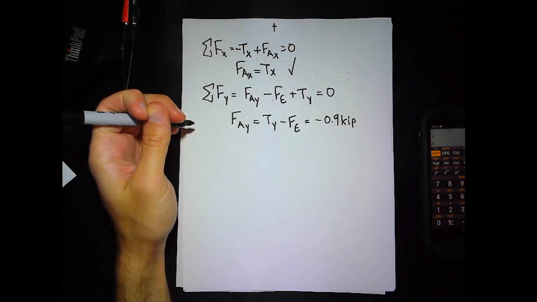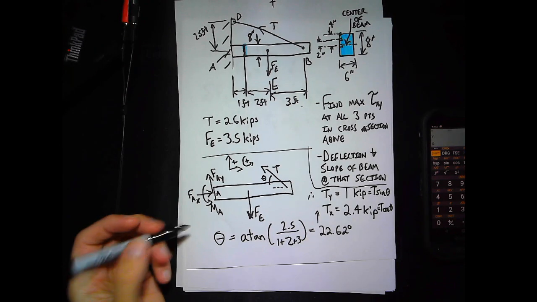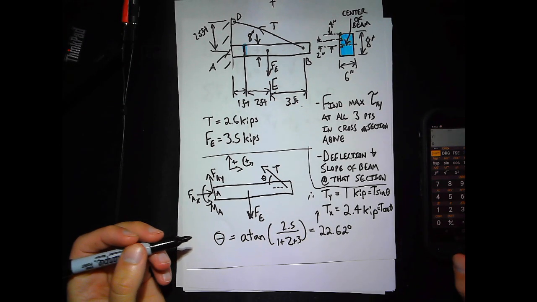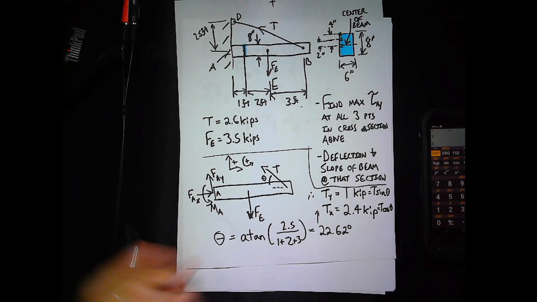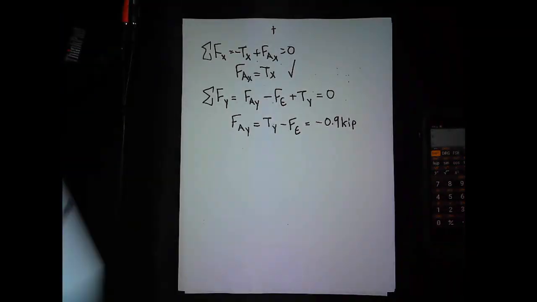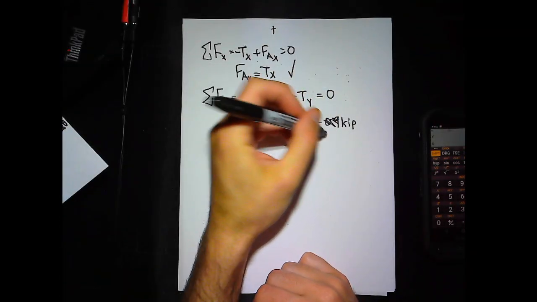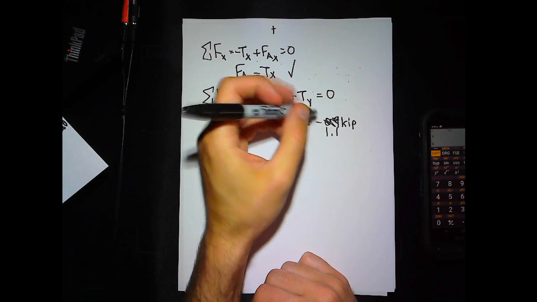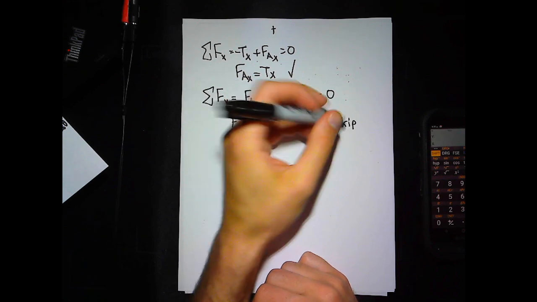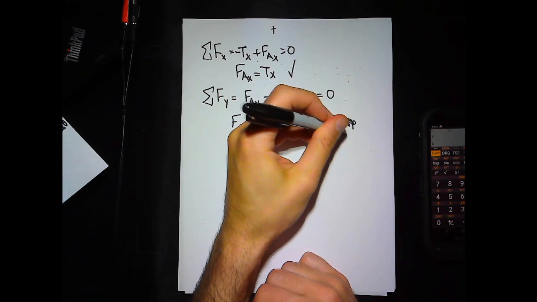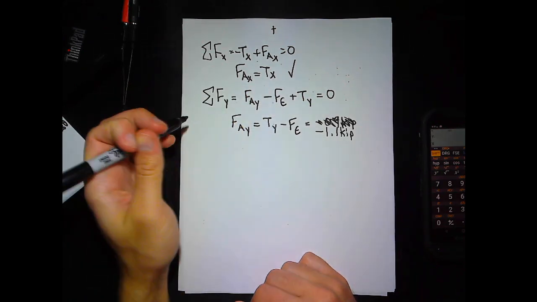Oh, sorry, negative 1.1 kips for Fay. I've drawn it pointing upwards, but it's actually directed downwards, because it came out negative in the summation of forces.